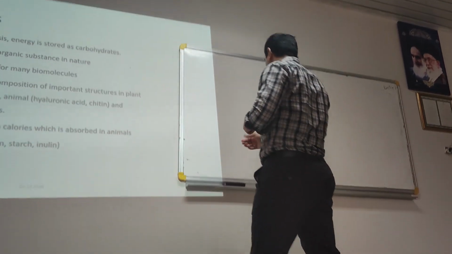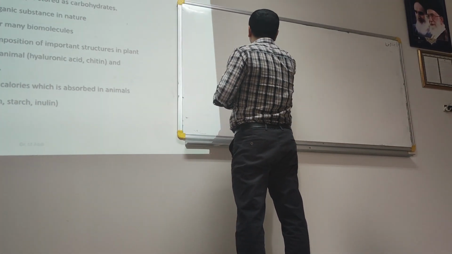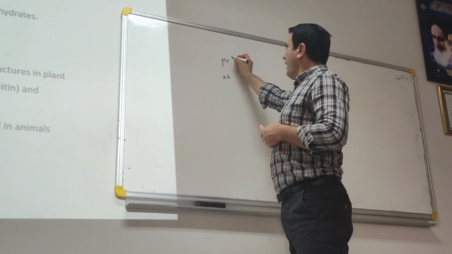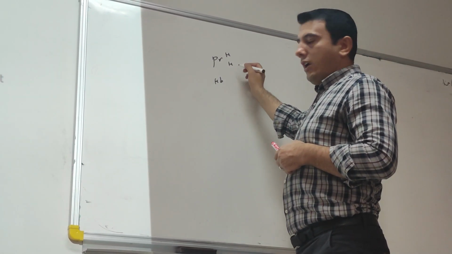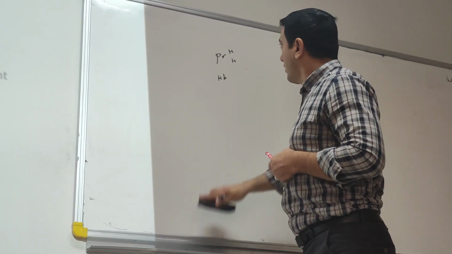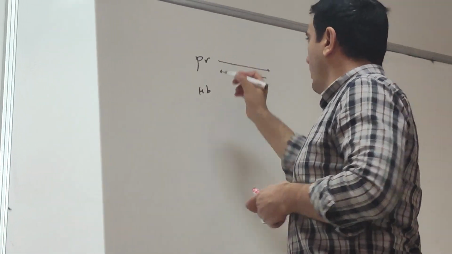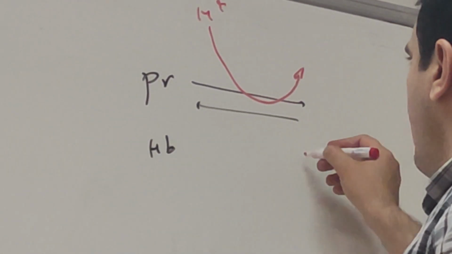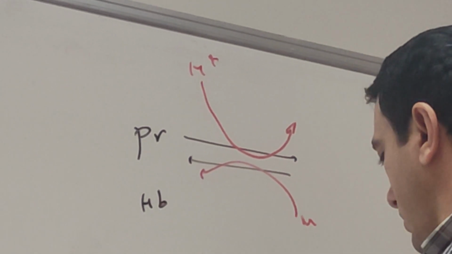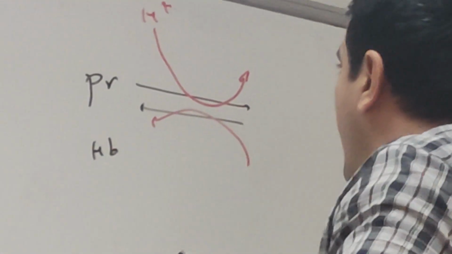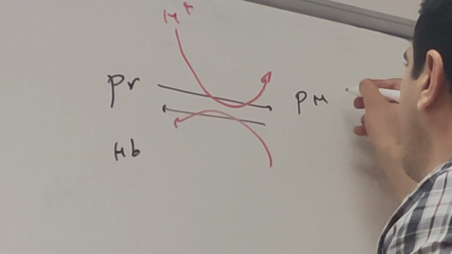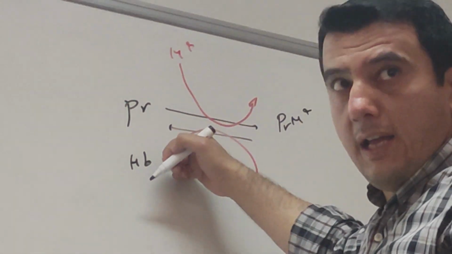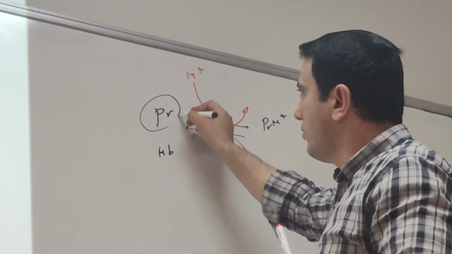For example, proteins or hemoglobins can give H or take H. They can easily take H and produce the protonated form, and they can give H ion and produce the deprotonated form.